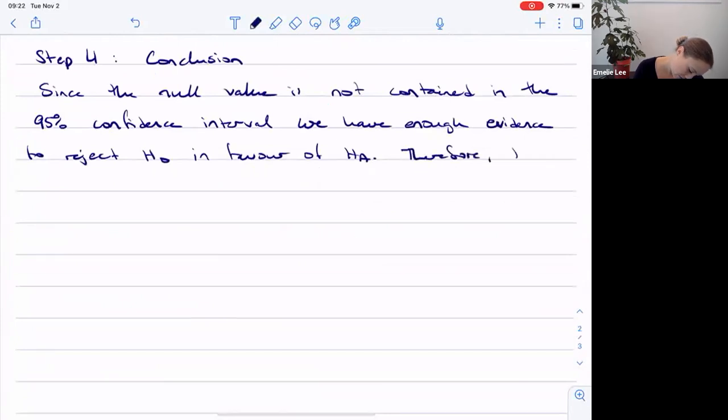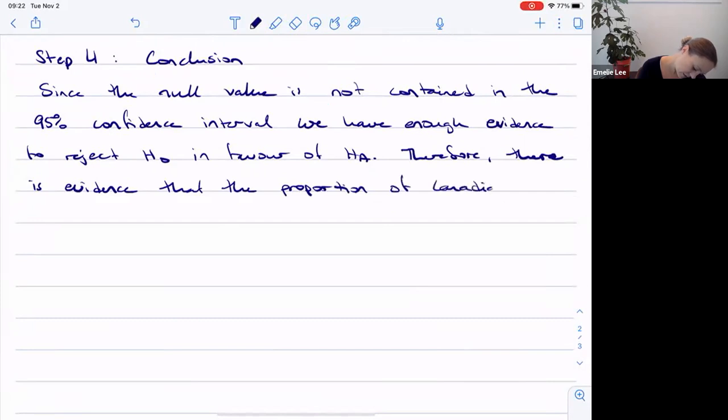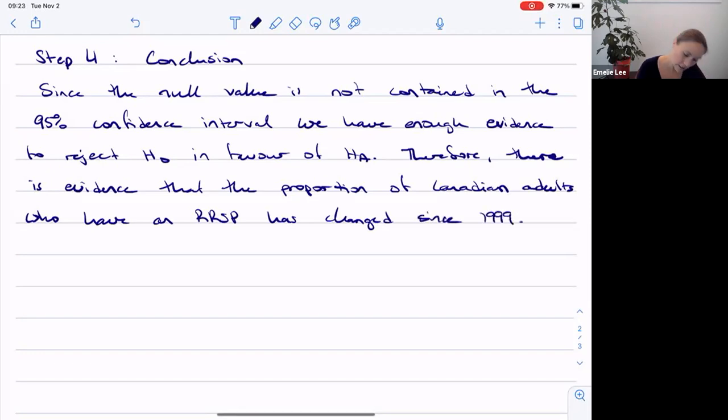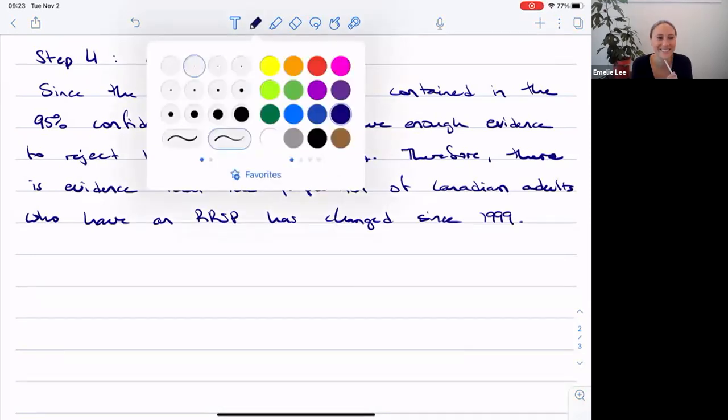Therefore, there is evidence that the proportion of Canadian adults who have an RRSP has changed since 1999. I can't help it. I know you guys are singing it too.